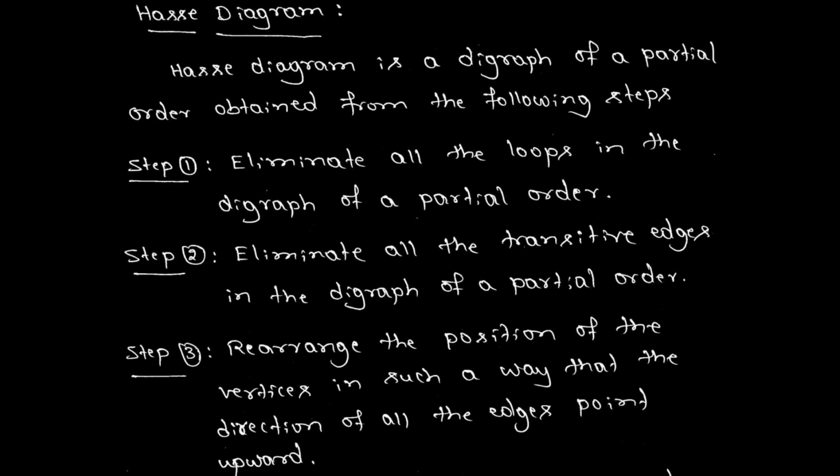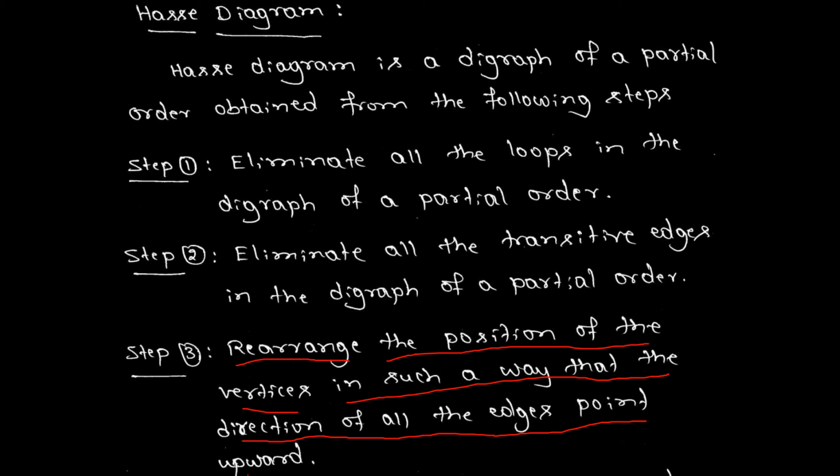Then the third step says rearrange the position of the vertices in such a way that the direction of all the edges points upward.